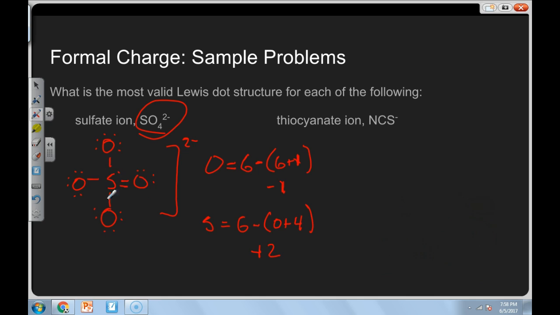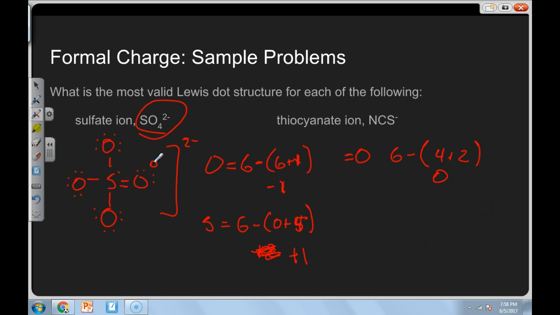It can have more than 8 electrons, so that's pretty cool. So here's the neat thing. These 3 oxygens still have the -1. The sulfur now has this +5, so this becomes a +1, which is better than the +2. And then this double bonded oxygen is 6 minus 4 plus 2, and now that is a 0 formal charge.